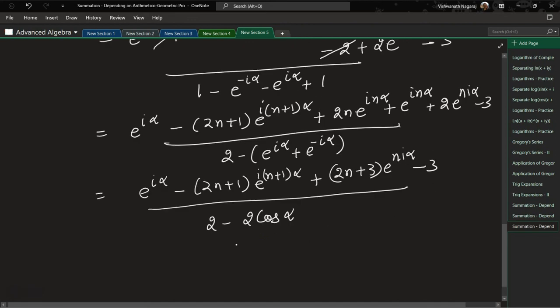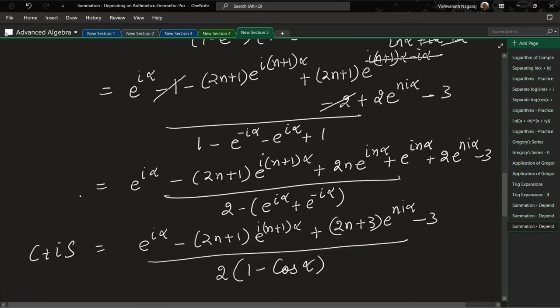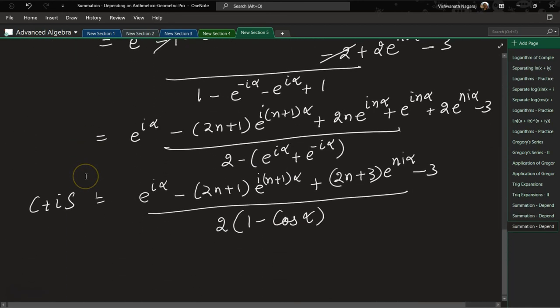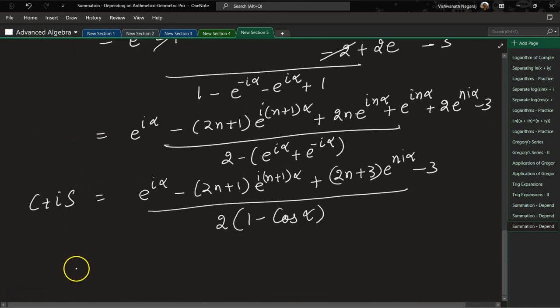Here 2 is common, so let's take it out and write it in this one, 1 minus cos alpha. This is, remember, C plus iS. Now we had to figure out S, right? Sine series. So let's take the imaginary part.